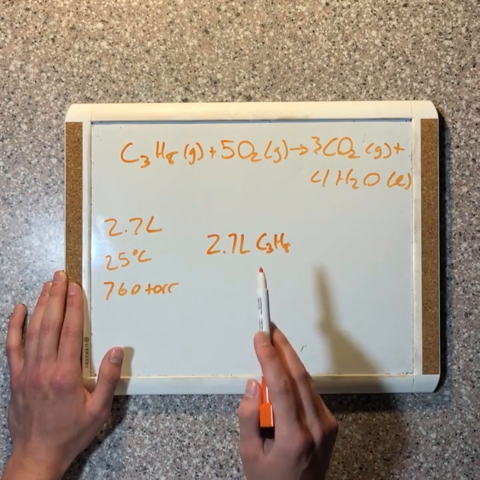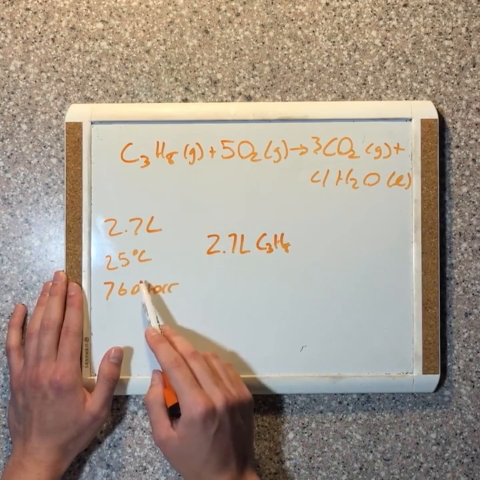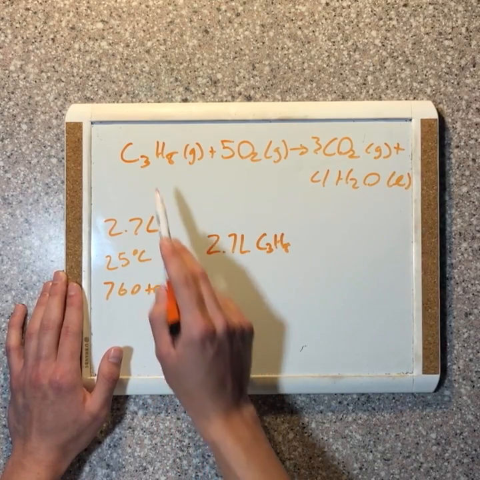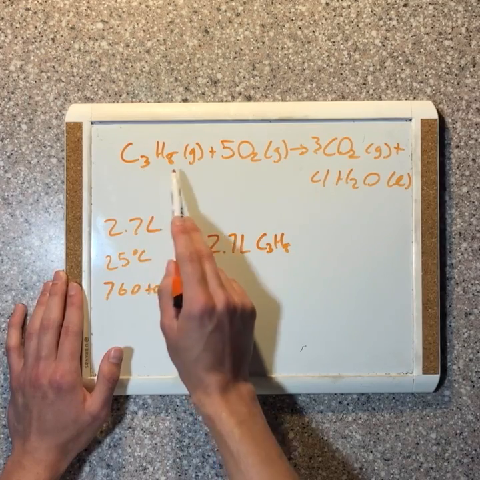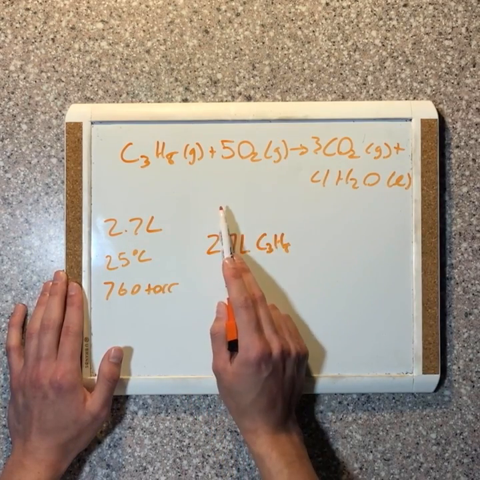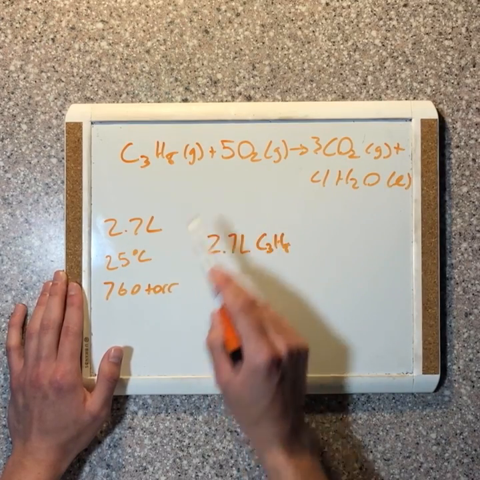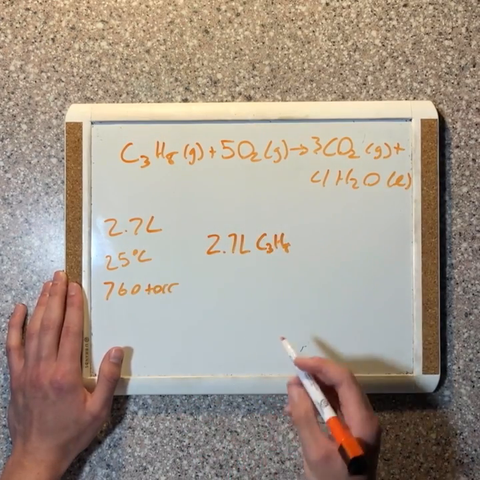We can do the same thing, but with liters, so long as the temperature and pressure stay the same. So we can say 1 liter of propane gas is going to react with 5 liters of oxygen gas. All right, and we can say that as long as the temperature and pressure stay the same.